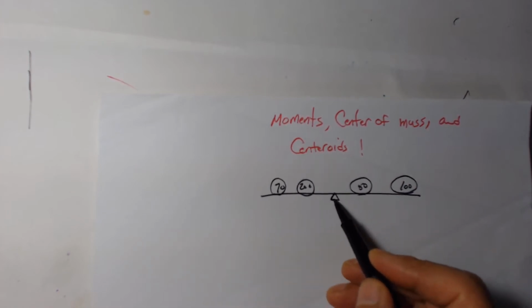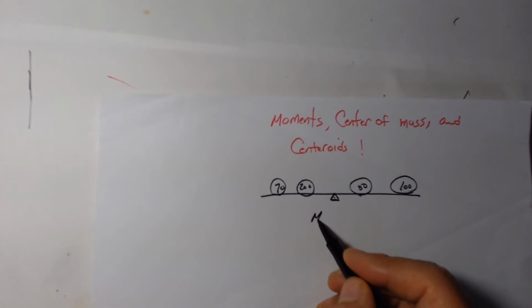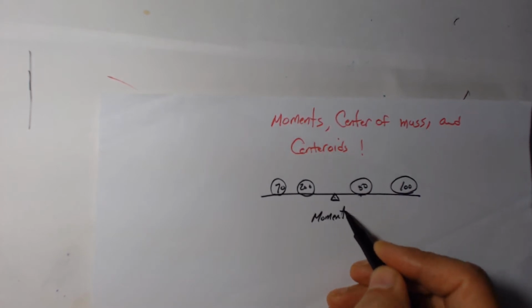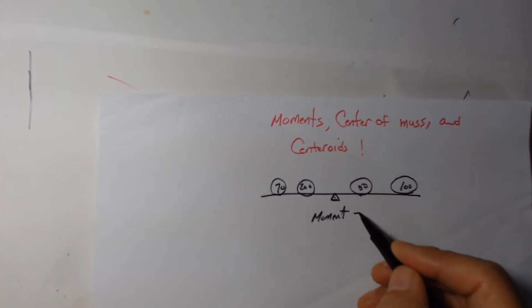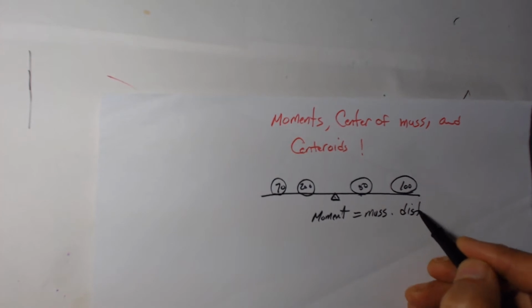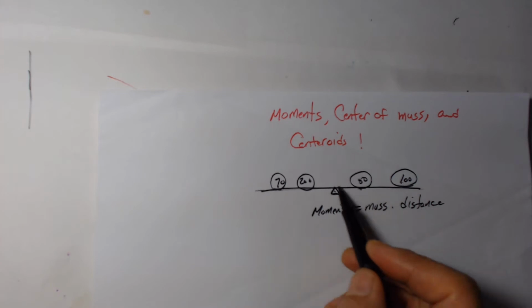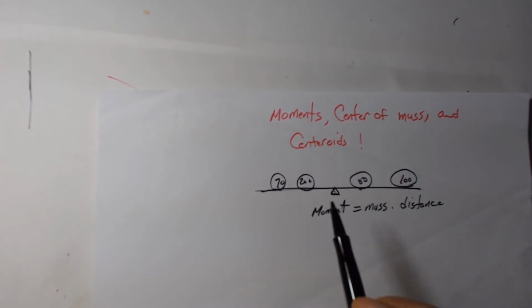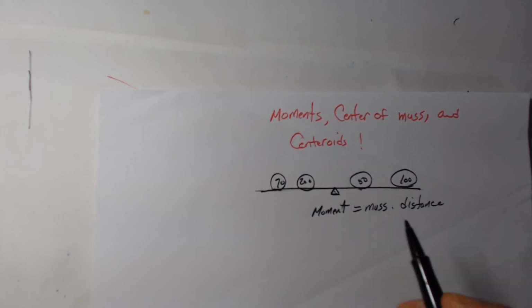Then it was possible for me to move this fulcrum closer to the heavier person, because moment, which is one kind of a force, is always mass times distance. Therefore, whatever I want to do, I want to offset the forces on both sides and make it equilibrium.